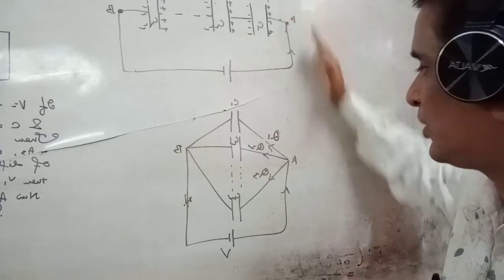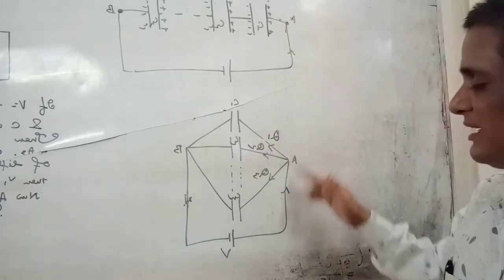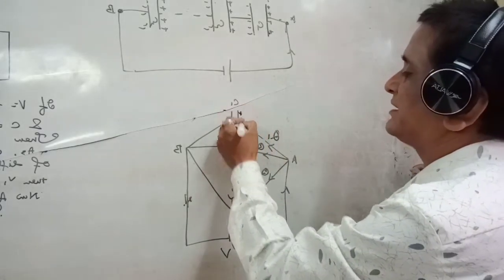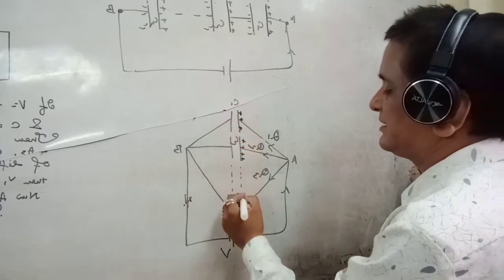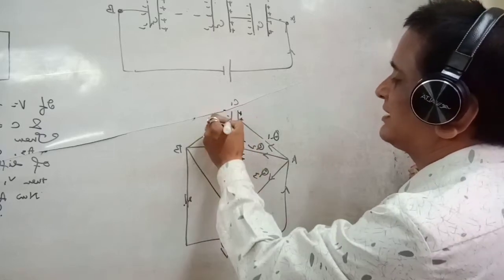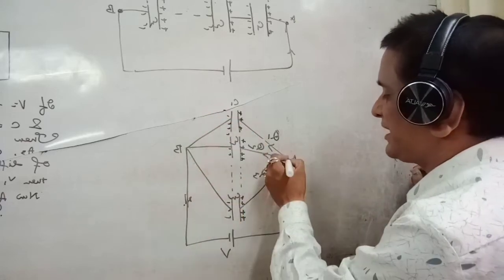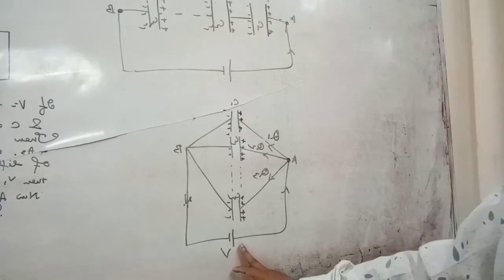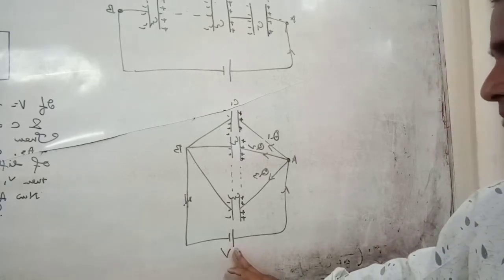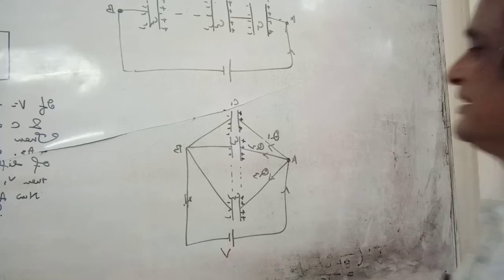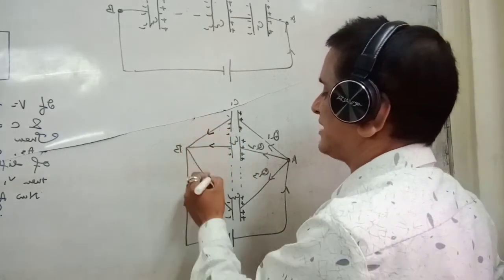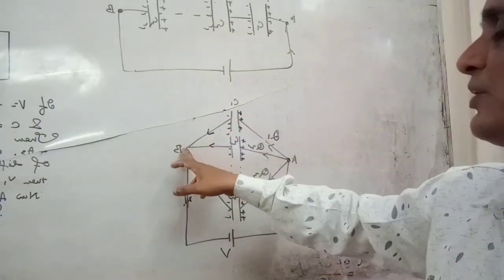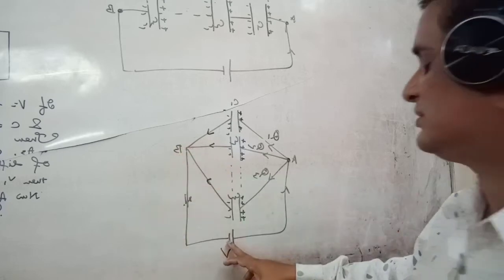Is it clear? In the second figure you are viewing, all the positive plates of the capacitors are connected to a common point A, and finally connected to the positive plate of the battery having potential V. Similarly on this side, all the negative plates of the capacitors are connected to a common point, and again this goes to another common point.